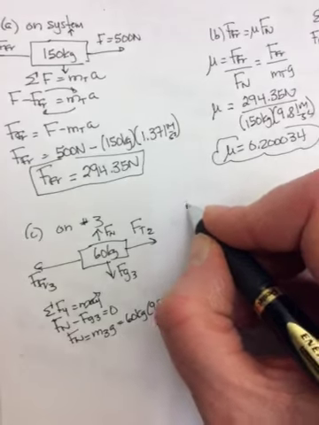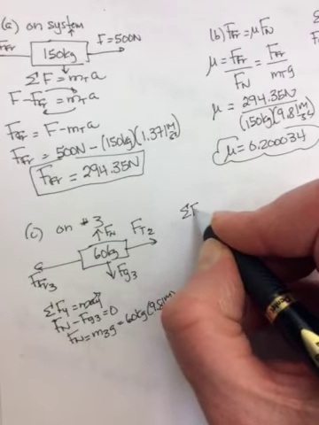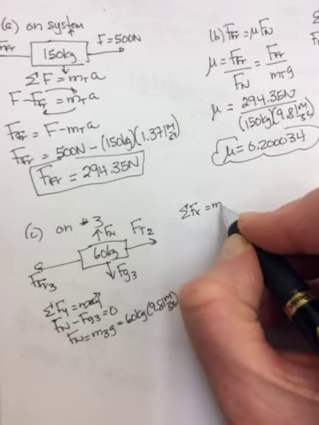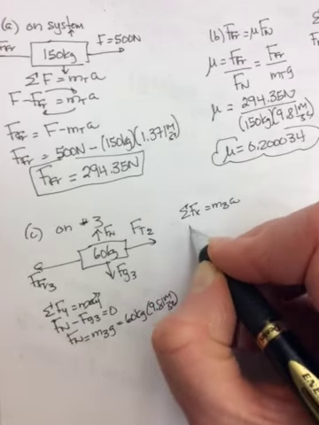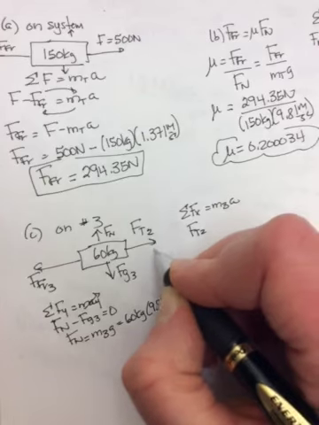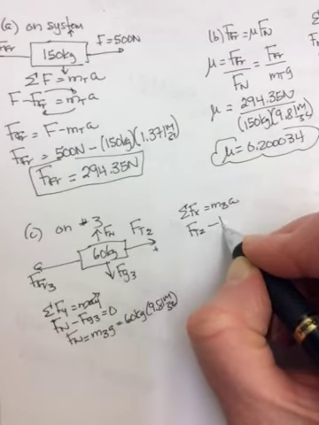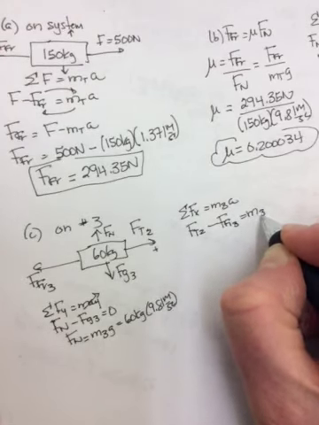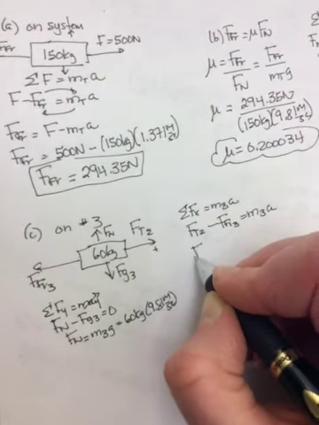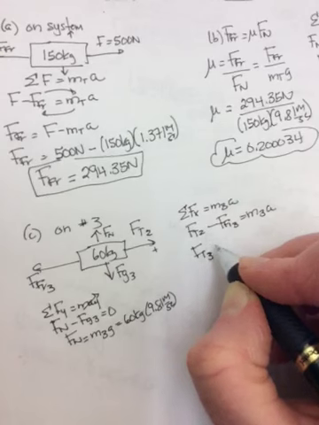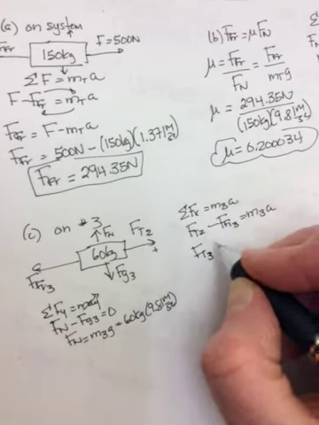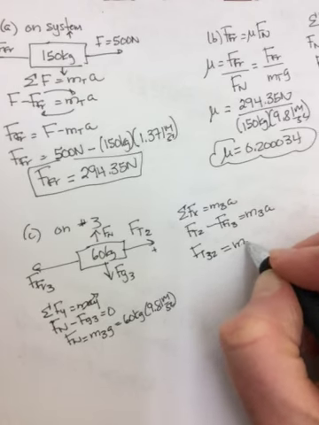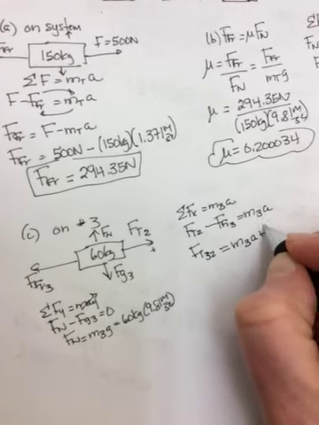Okay, so we go over here and do sum of the forces in the x direction on number 3. And so we'll have Ft2 going forward, this way is positive, minus the friction on 3 going backward will equal M3A. And we're trying to find this Ft on 3 from 2, so Ft23 is equal to M3A plus the friction on 3.